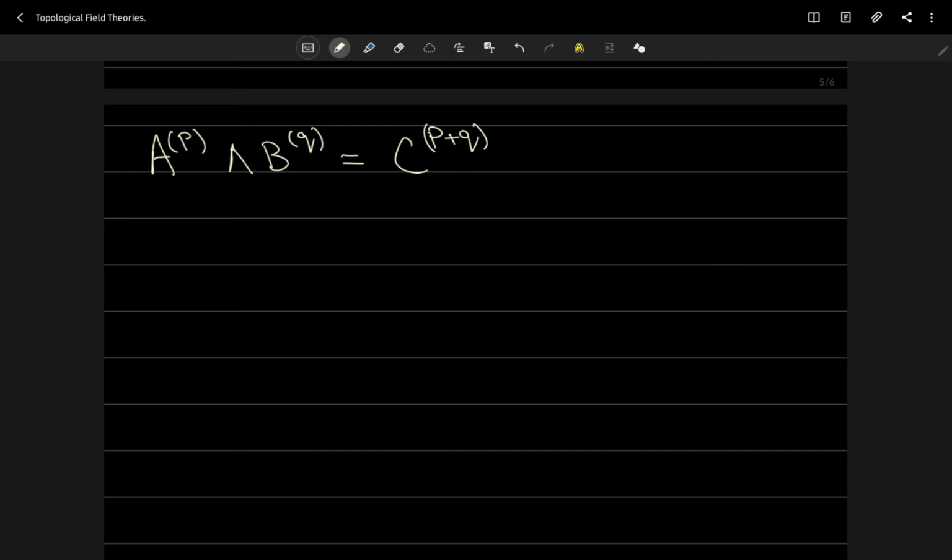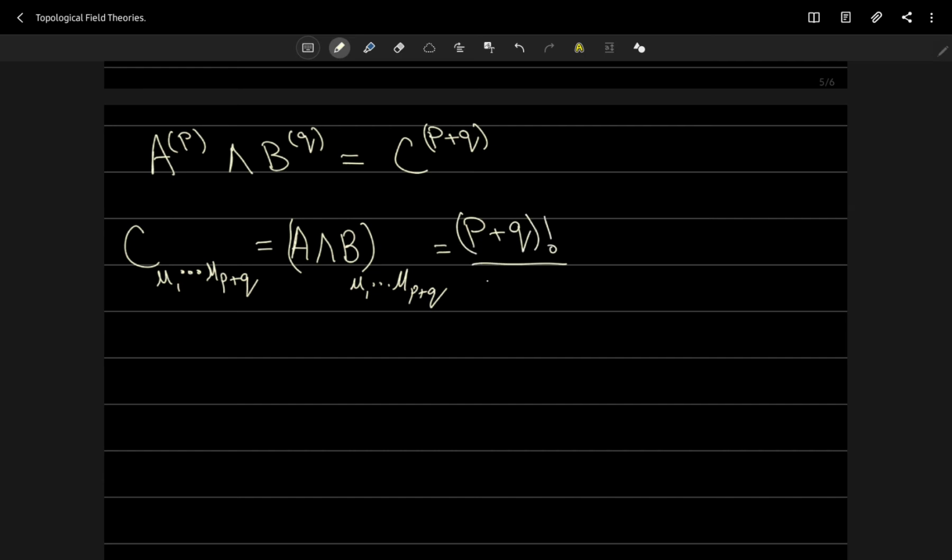Now, in terms of components, one can write this thing as C mu 1 up to mu P plus Q, which is equal to A wedge B, mu 1 up to mu P plus Q, and this thing is equal to P plus Q whole factorial over P factorial times Q factorial, right?